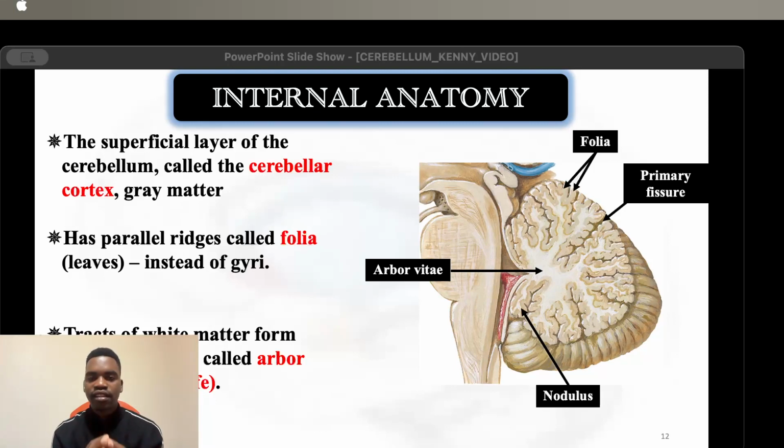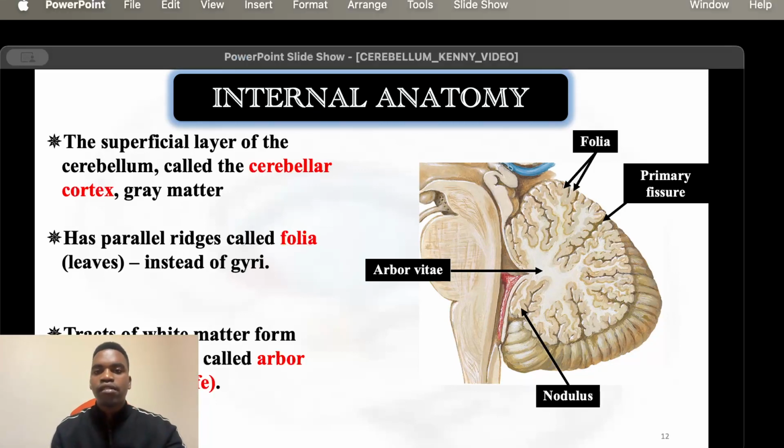So that's the Latin. I think we can also appreciate that this is the primary fissure. So this is the anterior lobe, this is the posterior lobe, and then this is the flocculus. This is the nodulus, and we see that beautiful pattern that is known as the arbor vitae.